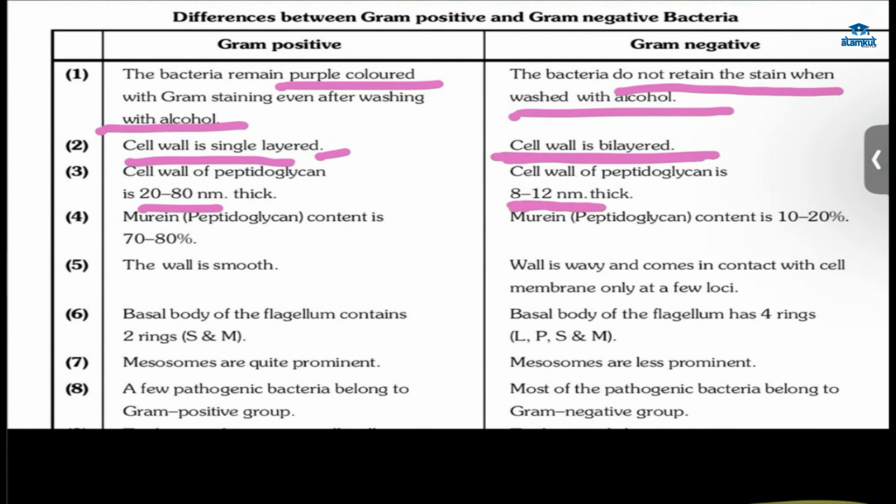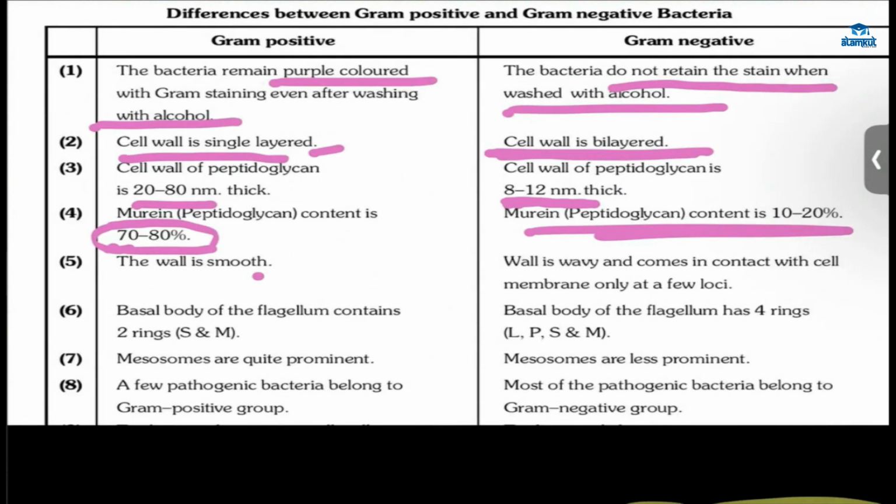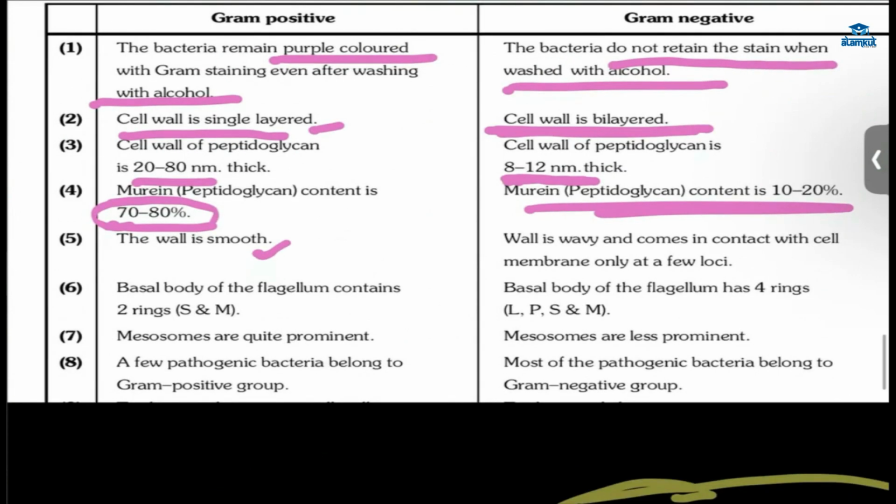It is not that thick, less thick than gram positive, which has more peptidoglycan layer. The peptidoglycan content is 70 to 80% here. In the gram negative, it is less. Then the wall is smooth here, and wavy there. It will contact with the cell membrane.